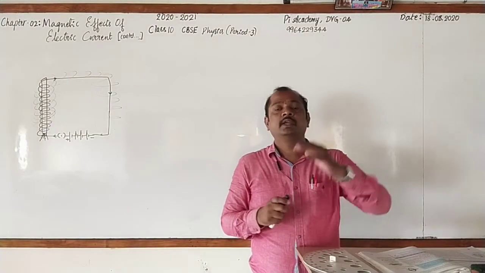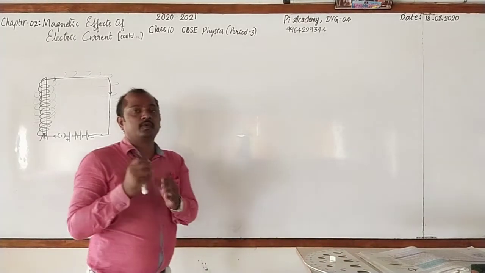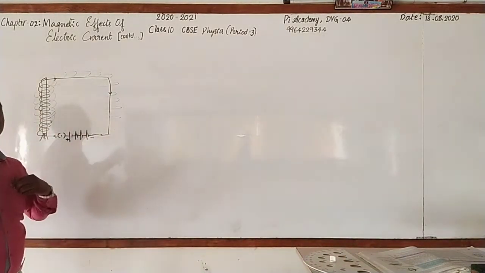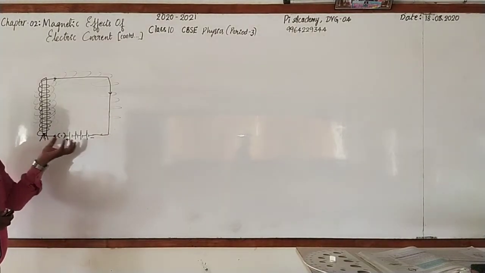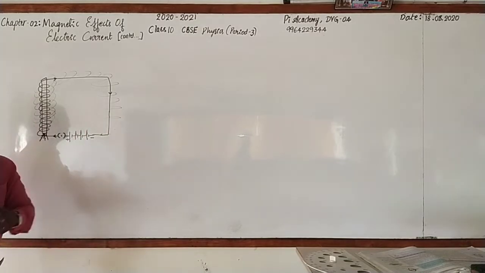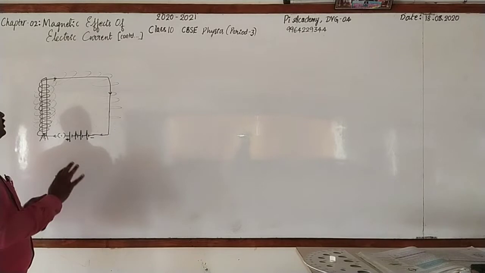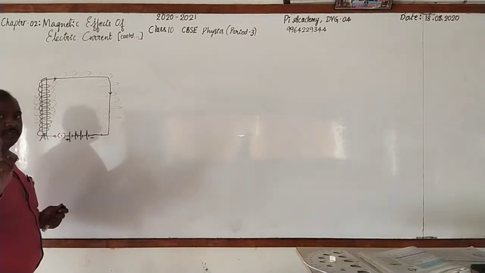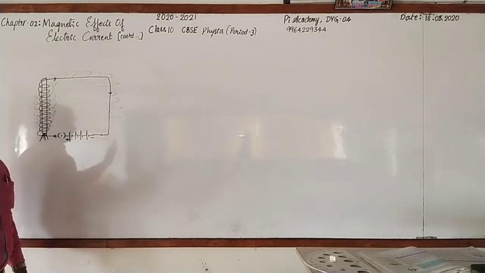Soft iron loses all of its magnetic property when the flow of current stops. Whereas an ordinary iron piece, even if the circuit is broken or the flow of current stops, will retain some magnetic property. Hence, ordinary iron is not used. Only soft iron is used as the core material in an electromagnet.